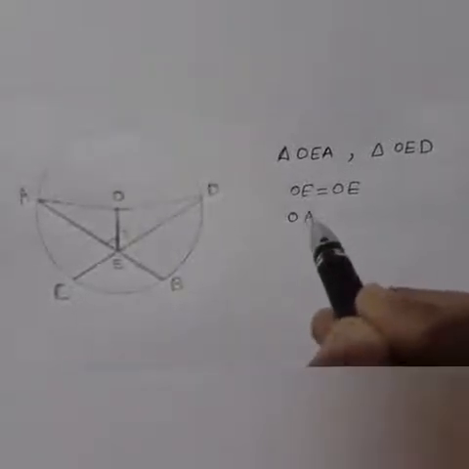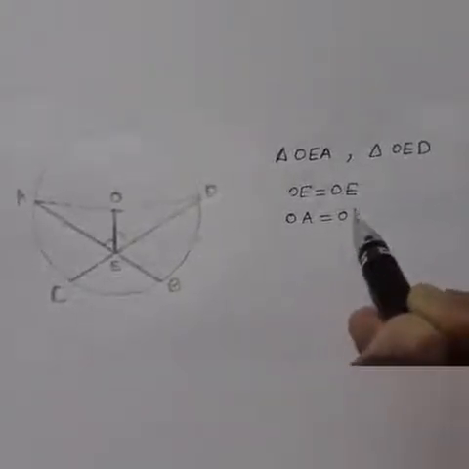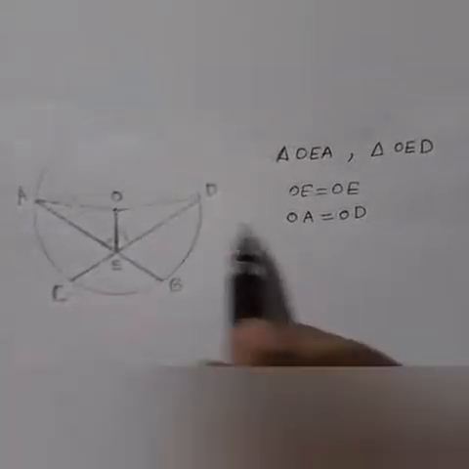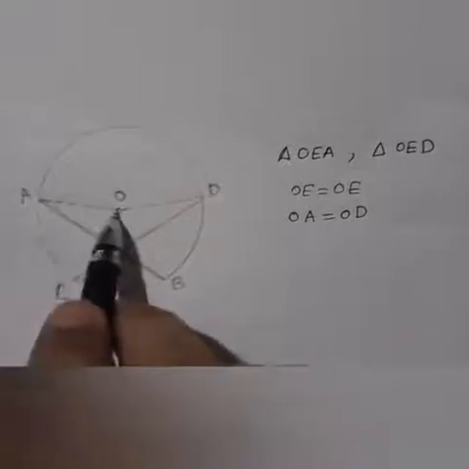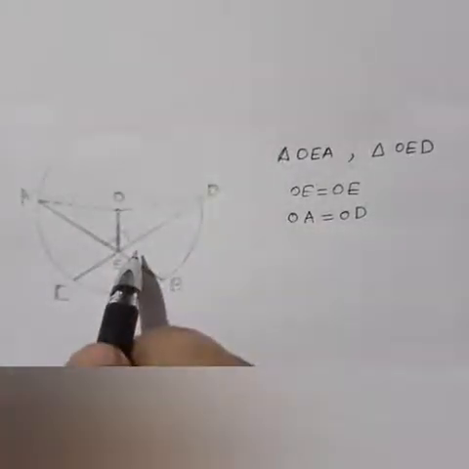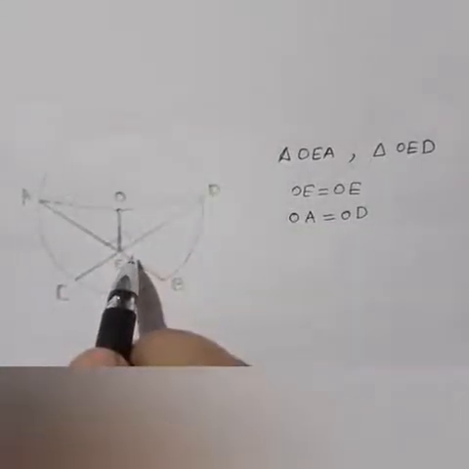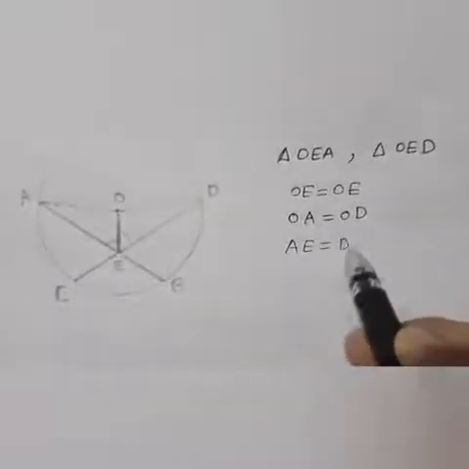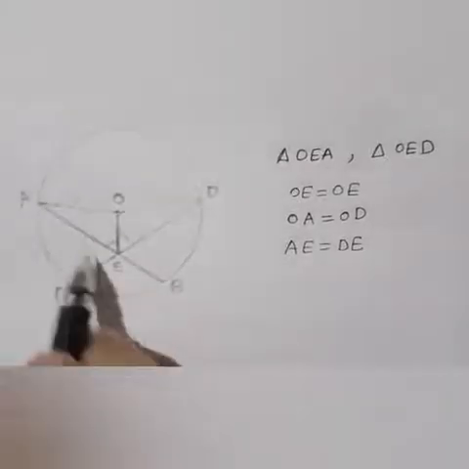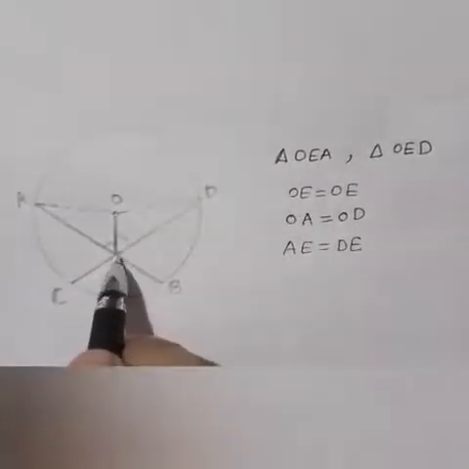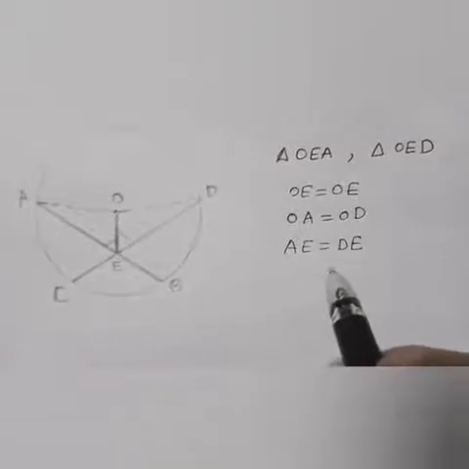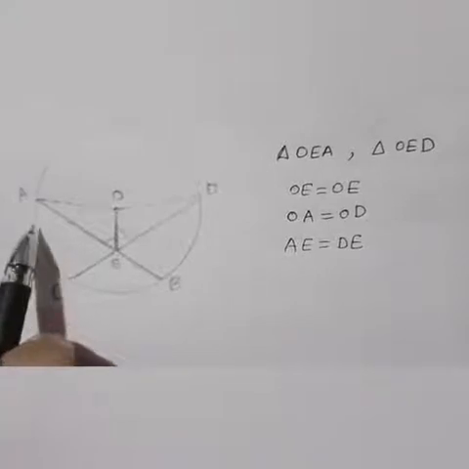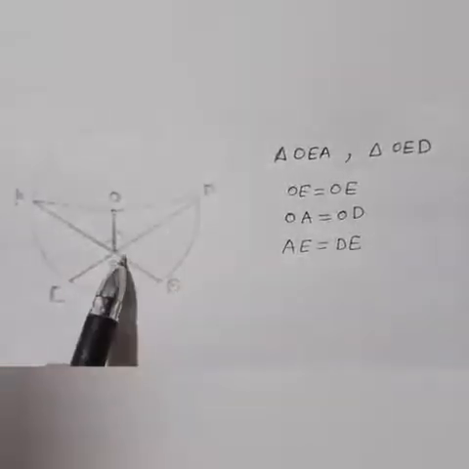Now OA equal OD. Why? Radii of a circle. Both are radii of the same circle. Now AE equal DE. We proved in the previous question, question number 2, that AE equal DE.